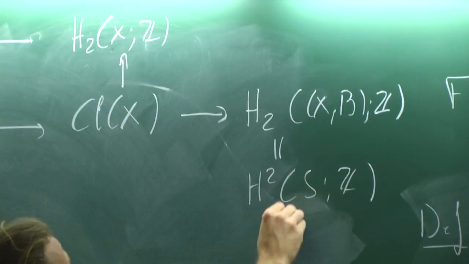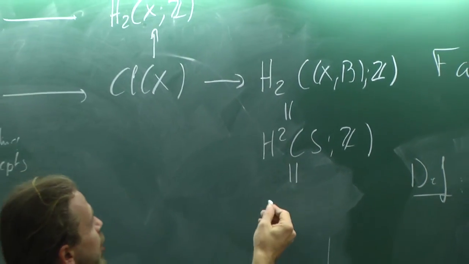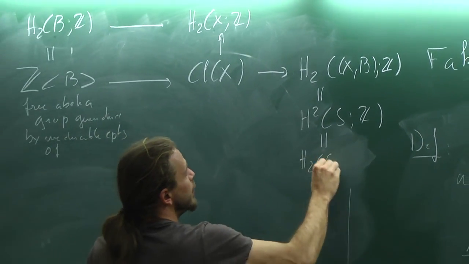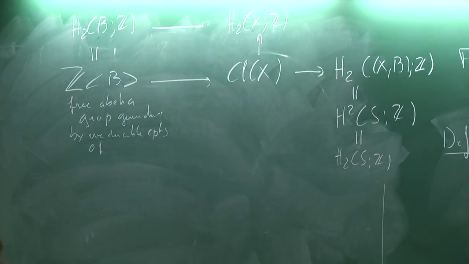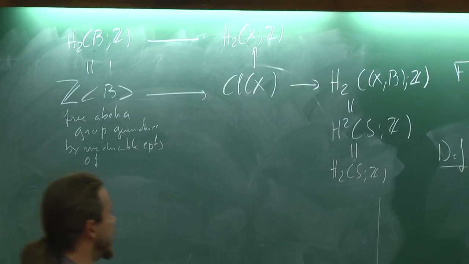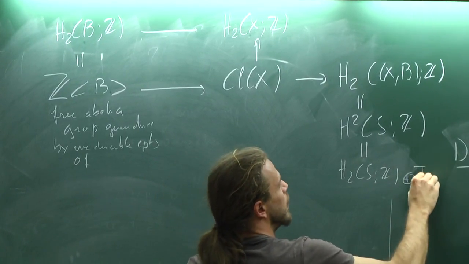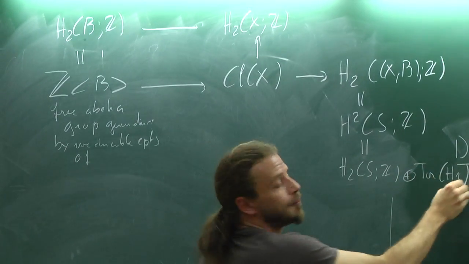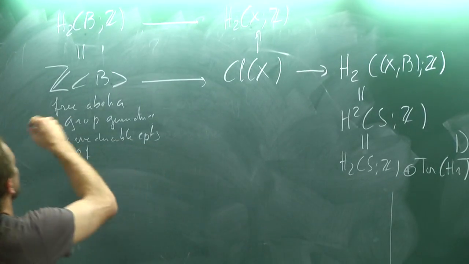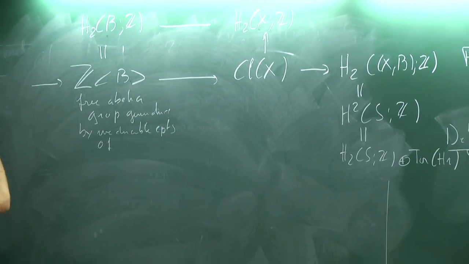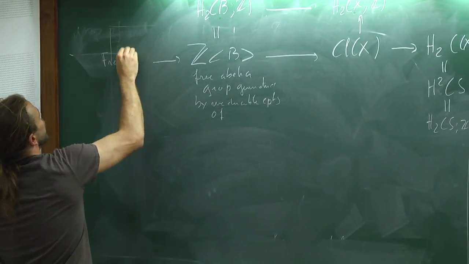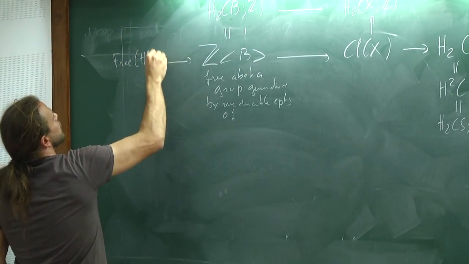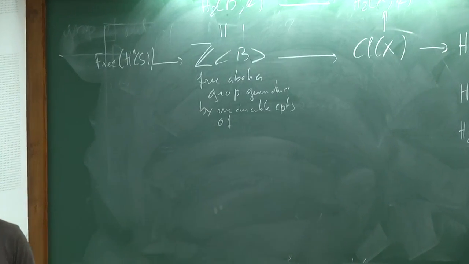And by the universal coefficient theorem, this is the same as H2 of S, Z. Well, it should be the free part, but this is an affine surface, so the H2 has no torsion, plus the torsion part of H1. And for a similar reason, here you get the free part of H1 of S. Okay?